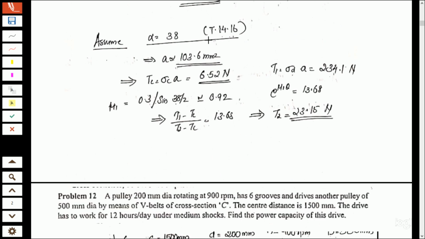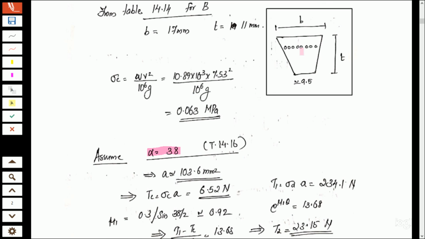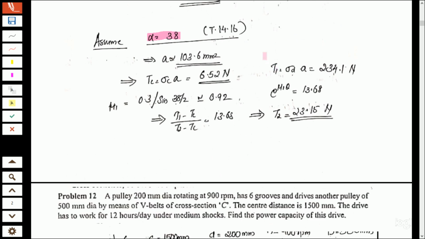From table 14.16 I am going to assume the value of alpha as 38. Using this alpha and this B and T, I can calculate the cross section of the trapezoidal section, and I get an approximate value of A equal to 103.6.